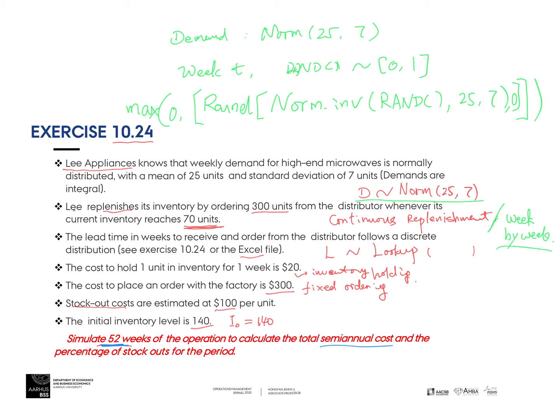So whenever in a week you get the inventory level less than your reorder point, you will order. So that's not really continuous. By implementation in Excel, we make it a periodic replenishment.